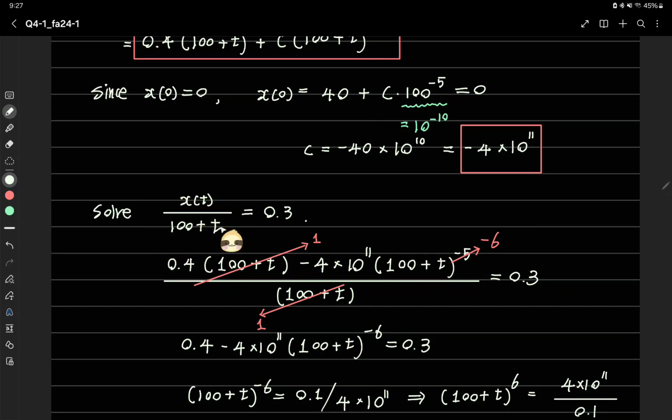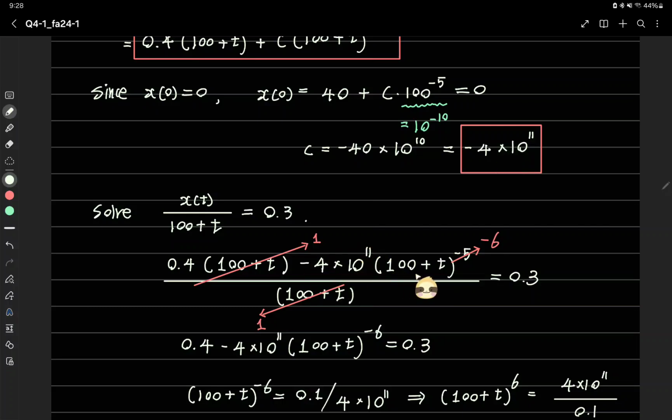So we will find the t at which this reaches 0.3 kilogram per liter, where I just dropped the unit. And x of t, we just got it, which is 0.4 times 100 plus t, and then minus 4 times 10 to the 11th power, which is c, we just got it here.